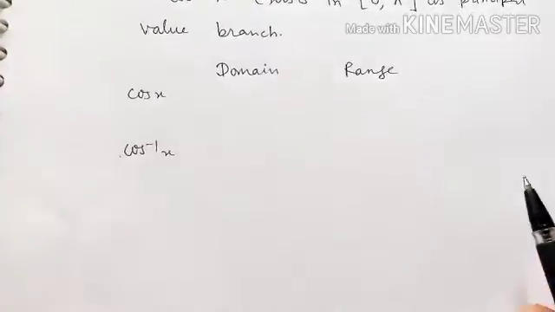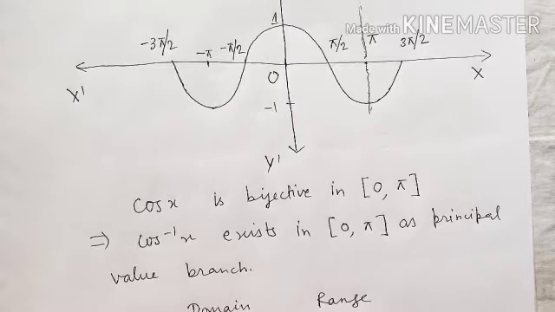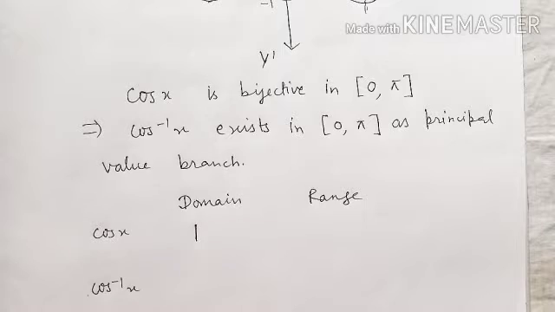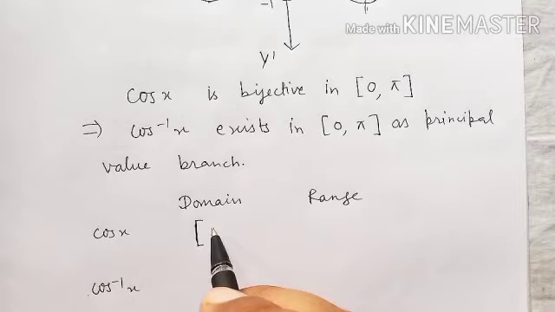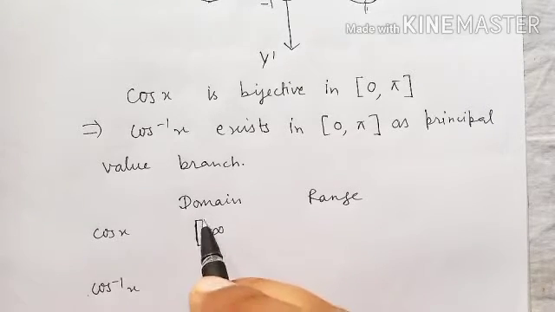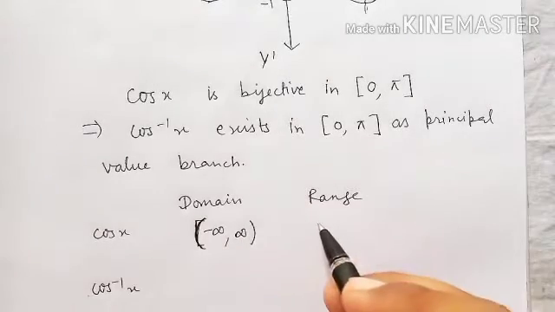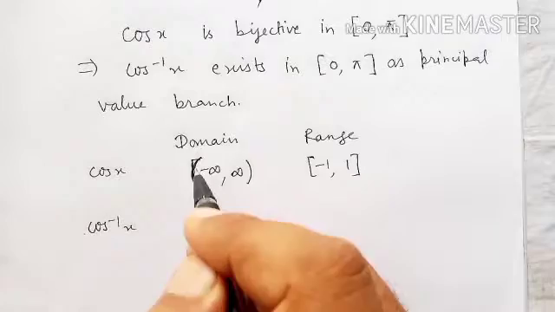Here from the graph we can say the domain of cos x, you may write, is the open interval minus infinity to infinity, and its range is minus 1 to 1.